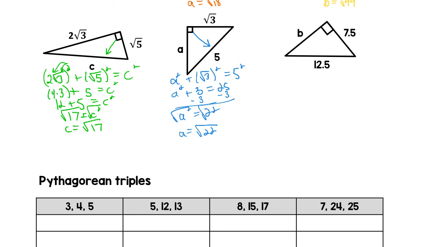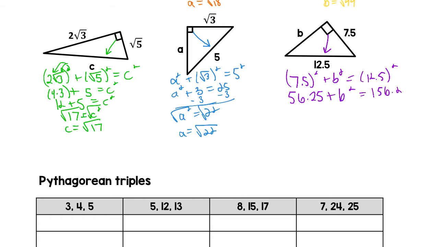Last but not least, this will make everybody happy. We're using some decimals. Our hypotenuse is 12.5. So we do 7.5 squared plus b squared is equal to 12.5 squared. Well, 7.5 squared is 56.25 plus b squared. 12.5 squared is 156.25.